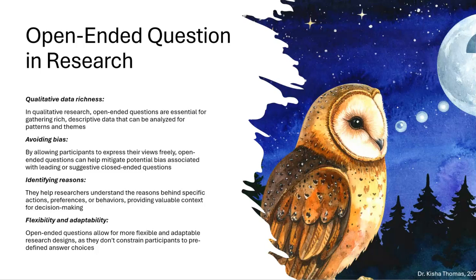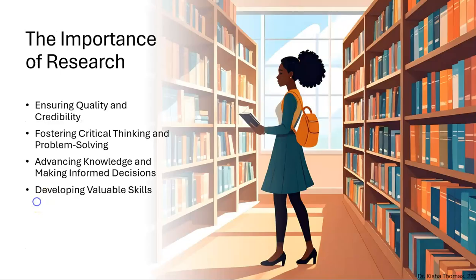So paired together, qualitative and quantitative data really help the researcher to find the true answers to their questions. For qualitative, it also allows for more flexibility and adaptability. These open-ended questions don't constrain participants to just those predefined answer choices that you will find in quantitative data.